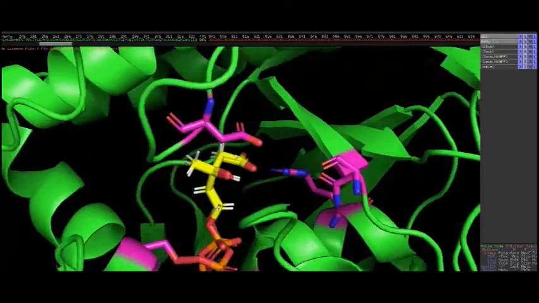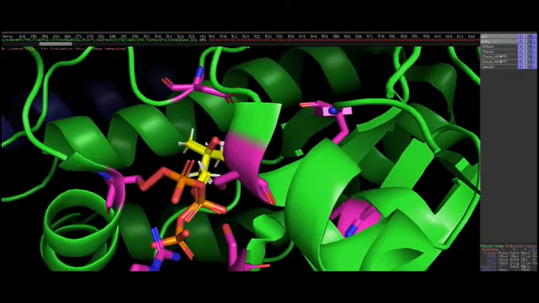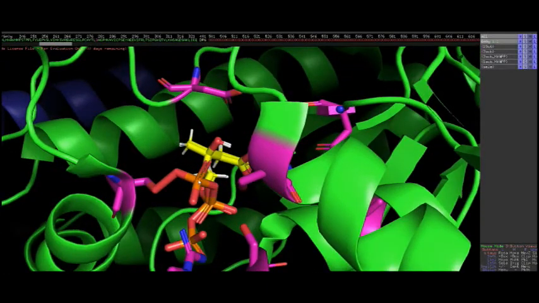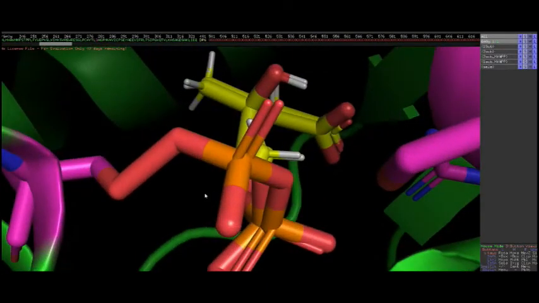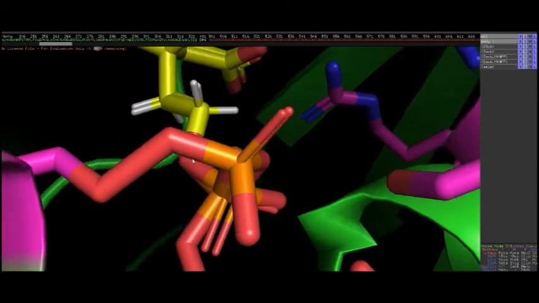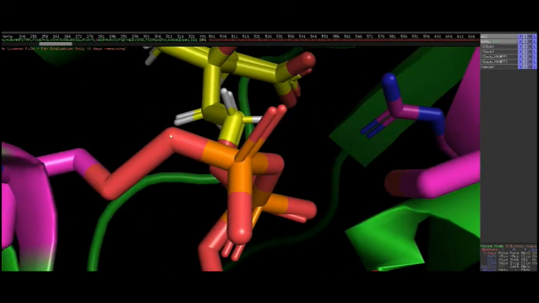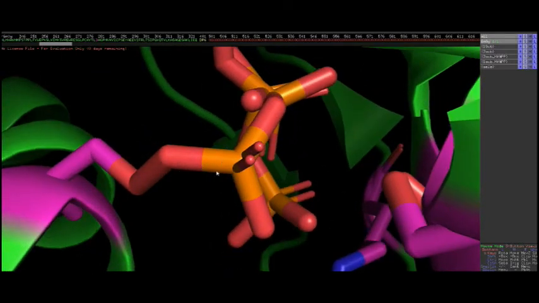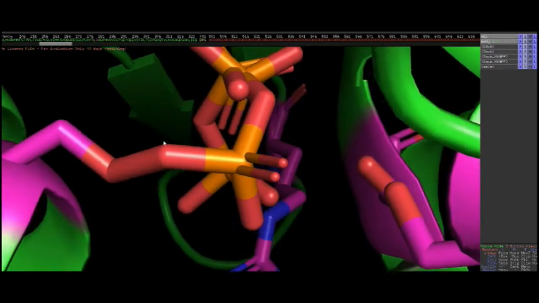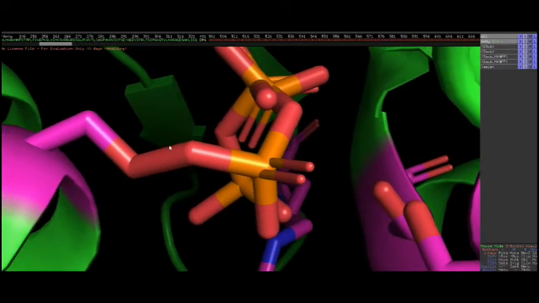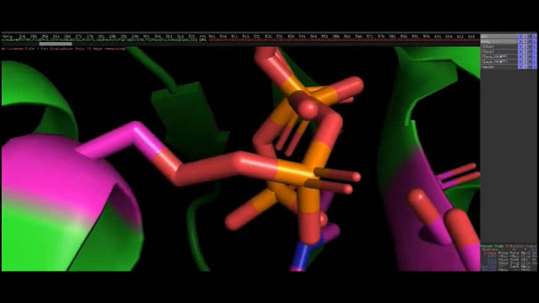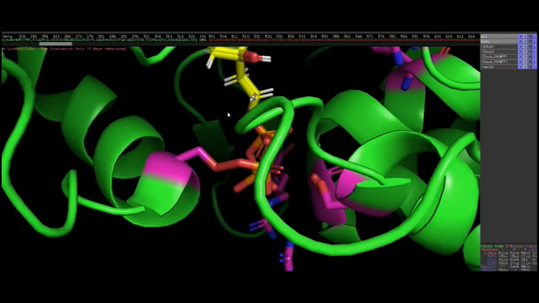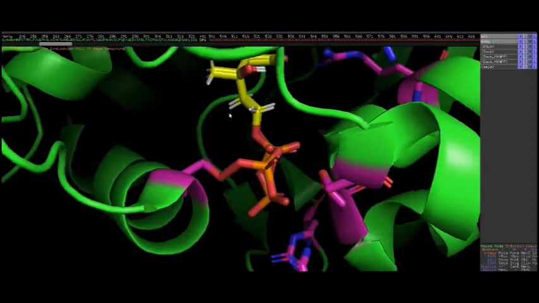Then actually in one of the conformations, it's so close that PyMol thinks that this serine here is bound to this pyrophosphate here. It's almost certainly not actually like that. It's just that this serine is so close to this that PyMol thinks that must be a bond.